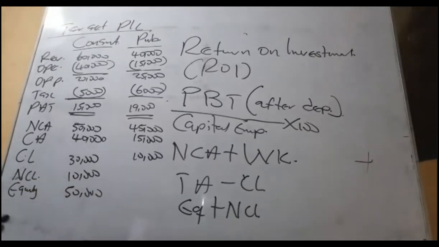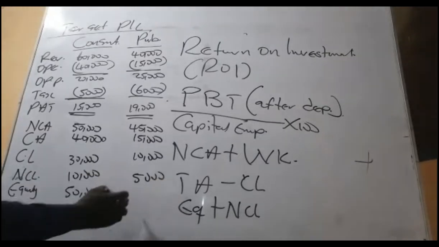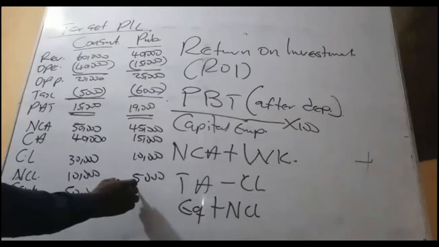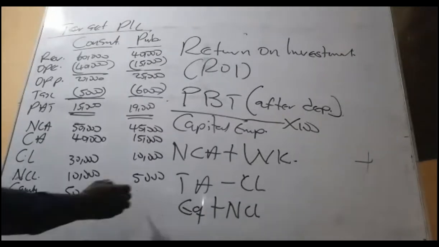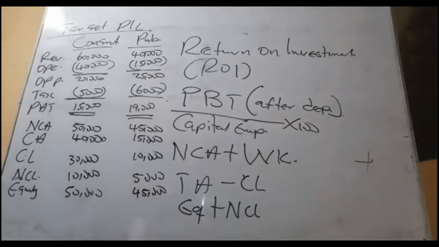The financial position must balance, so this and this is 60. So 50, 60, 50. Here equity is 40,000 and 45,000. I'm done.